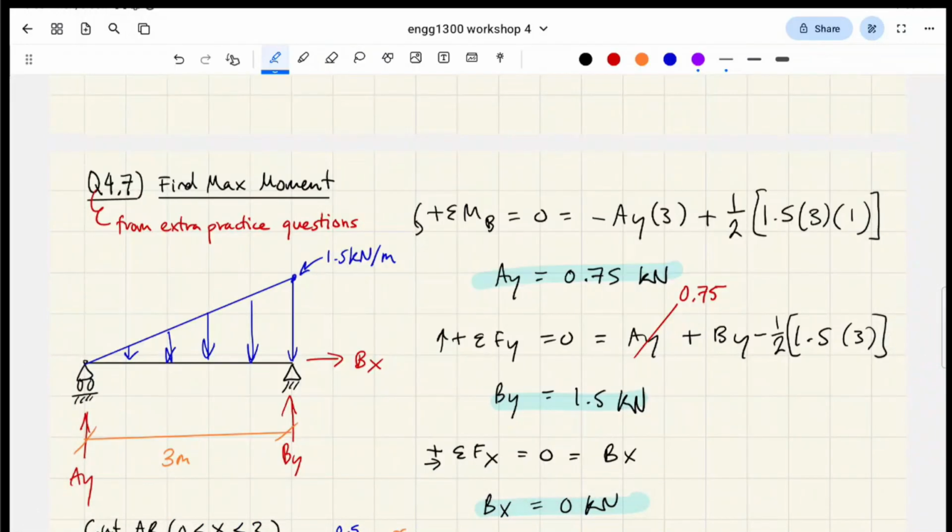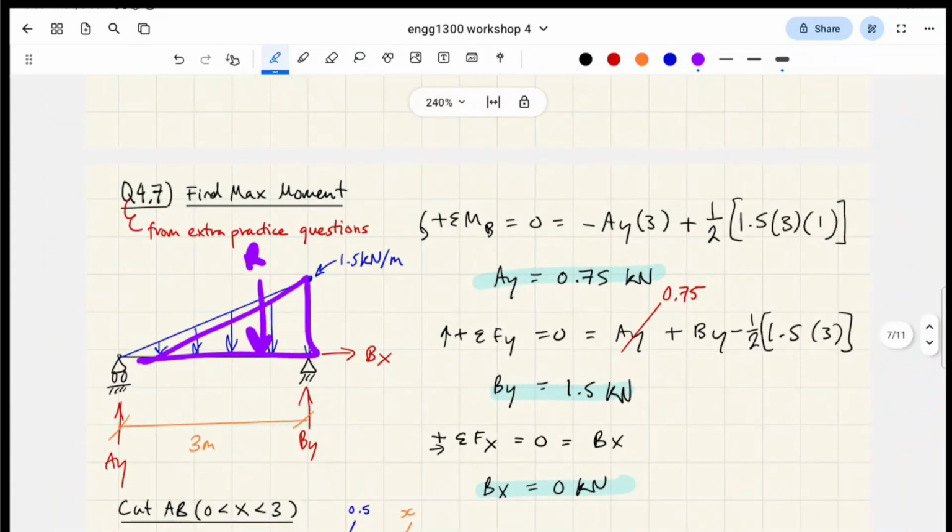You can represent it as a resultant load like that, one third from the fat end. The magnitude would be half the base times height, which is the area of this triangle, going downwards. Was that your question? Or can you not do that to find the diagram?